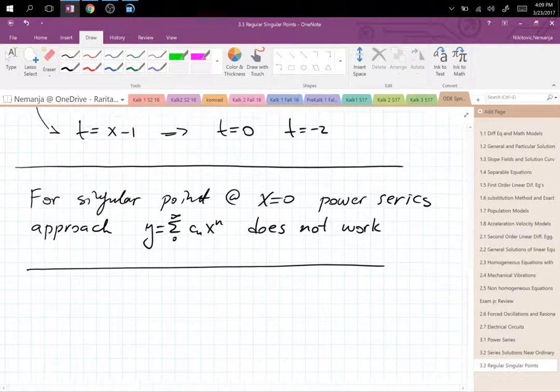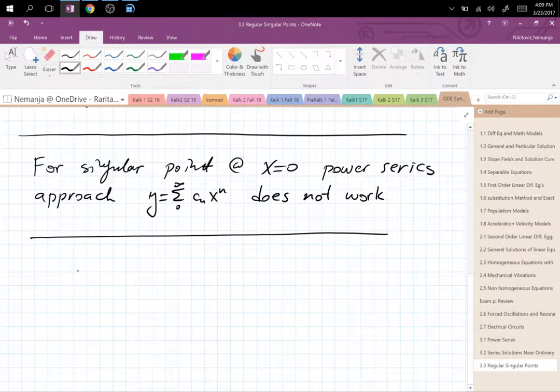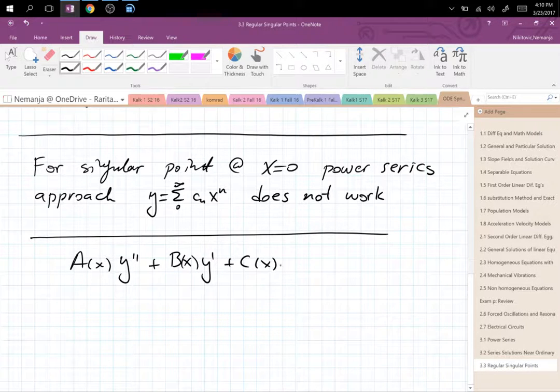What we did last time is we said that if you're starting with a(x) y double prime plus b(x) y prime plus c(x) y equals 0, you can divide through by a. But the trick is that, remember, the singular point makes a equal 0, which means that all of the denominators will be 0.